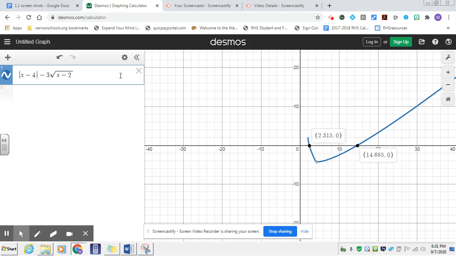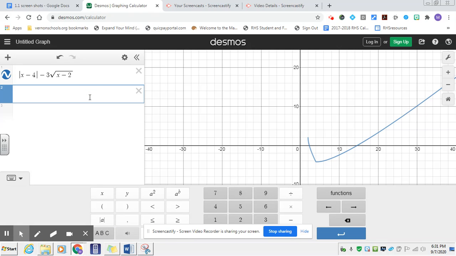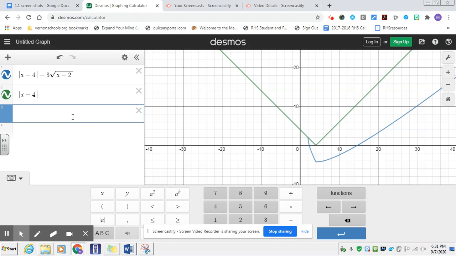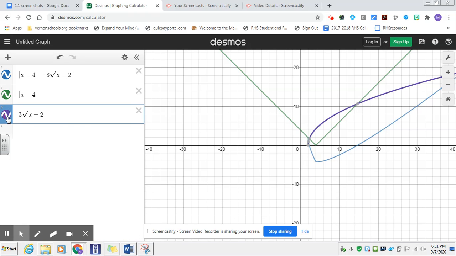Method 2 says, and we can have different colors here, take the absolute of x minus 4 and take the graph of 3 square root x minus 2 and find where they intersect. Okay, I'm going to see if I could change this color.